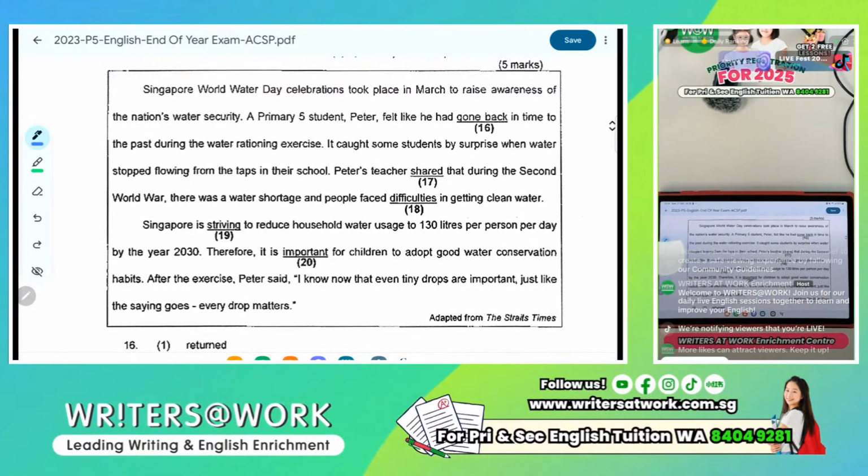Singapore World Water Day celebrations took place in March to raise awareness of the nation's water security. A primary 5 student, Peter, felt like he had gone back in time to the past during the water rationing exercise. So over here, we are looking at gone back, which means that you return to a place or time.